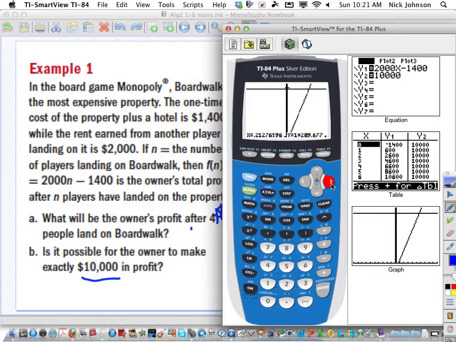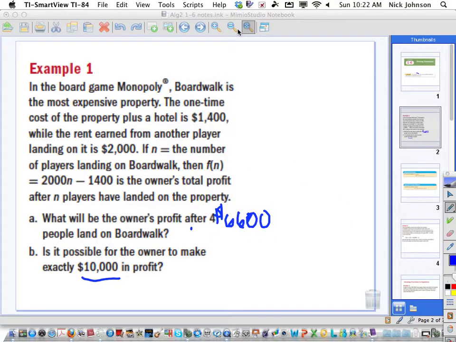I'm going to scroll over here, and if I scroll down a little bit, about right on it. As you can see here, it would take about 5.74 people. Can 5.74 people, is that possible? 5.74 people?